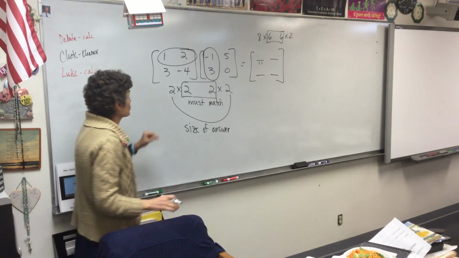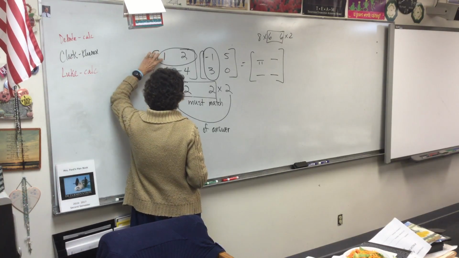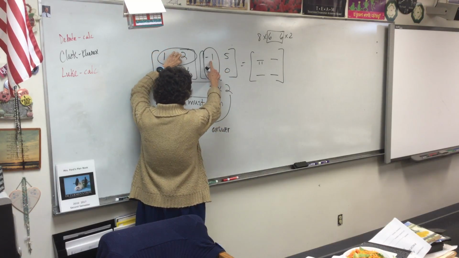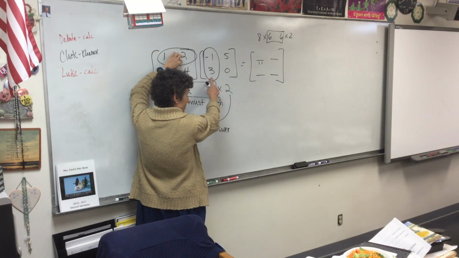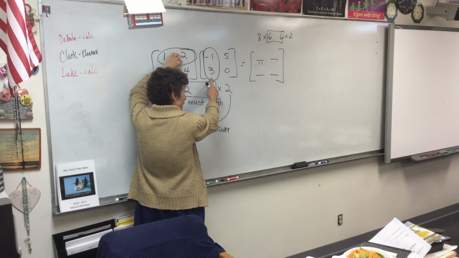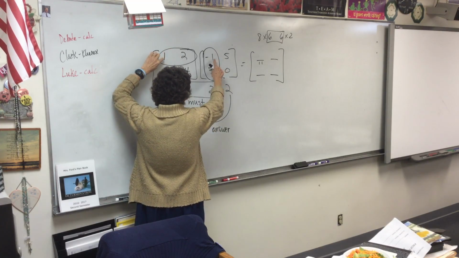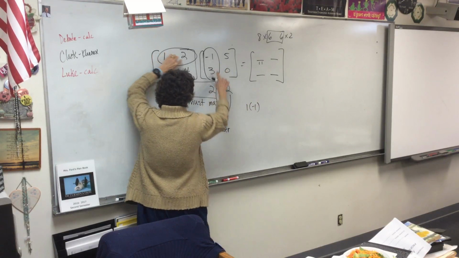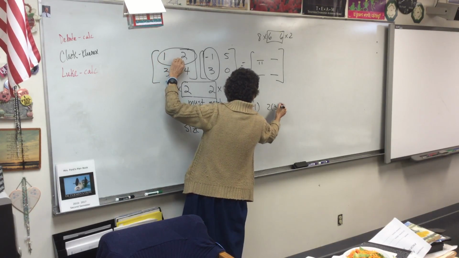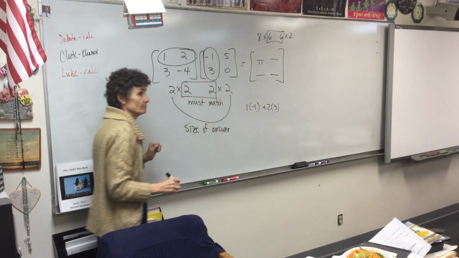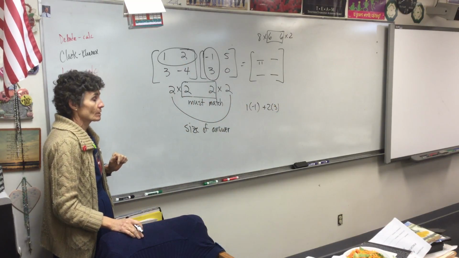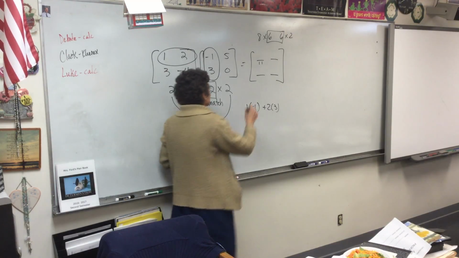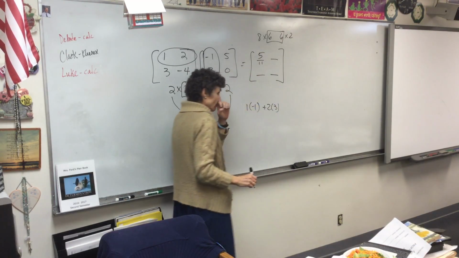In other words, you are going to take the first number times the first number, the second number times the second number, and add them up. So I'm going to get 1 times negative 1, 2 times 3, and I'm going to add them up. So that gives me what? 5. So this number is a 5.